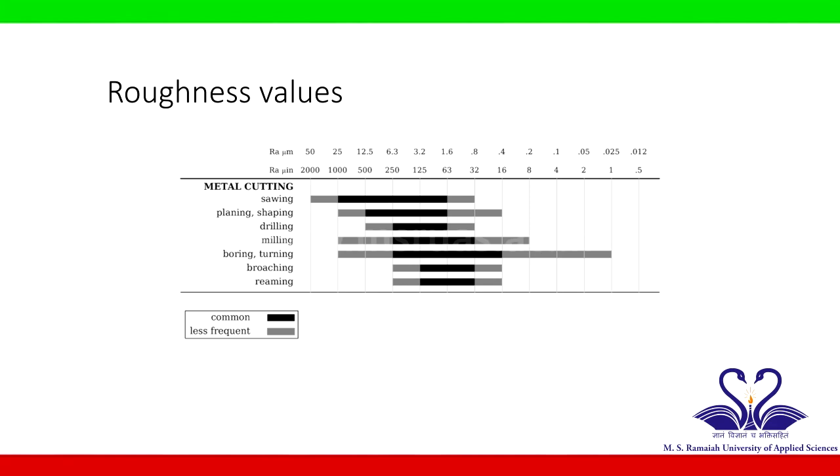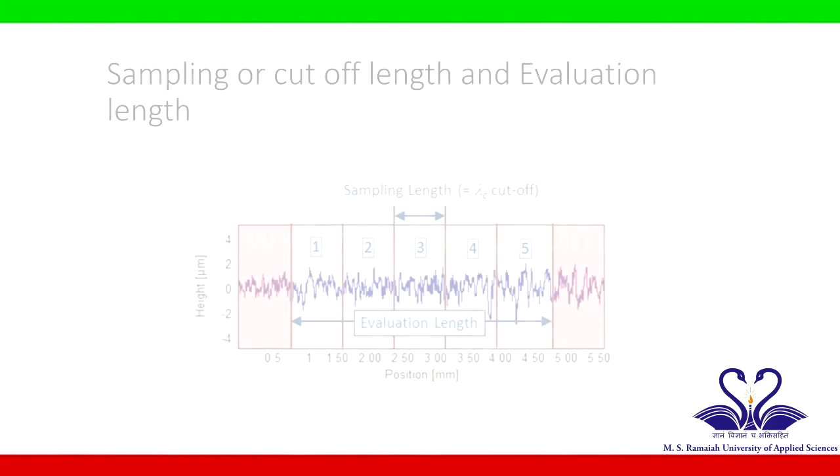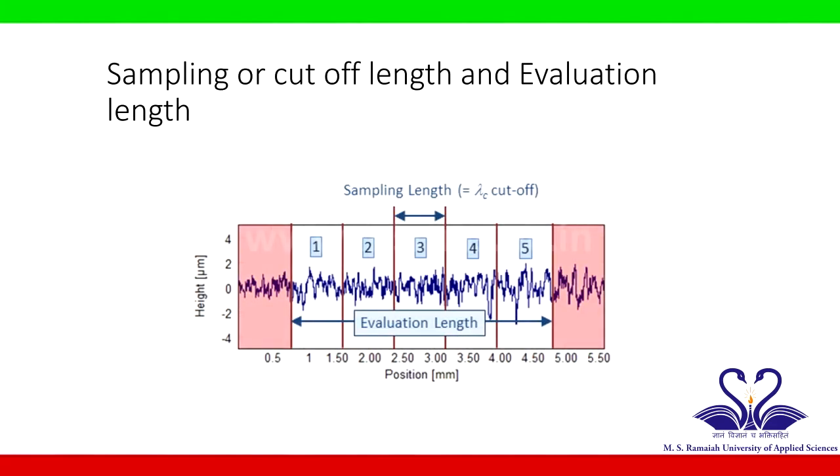Now, let us understand cutoff and evaluation length. Cutoff length, lambda c, or sampling length, is the length that is needed to differentiate the wavelength of roughness from that of waviness.